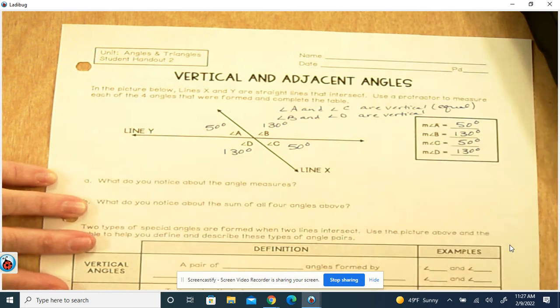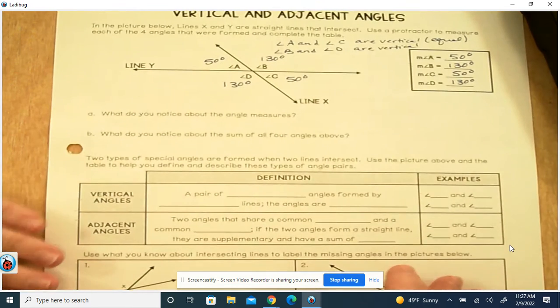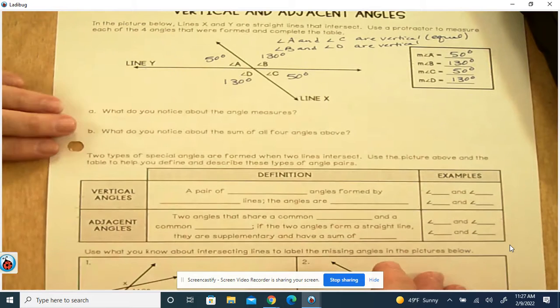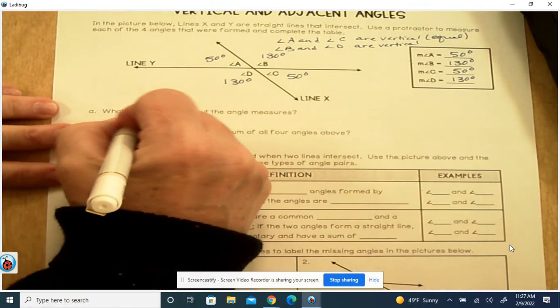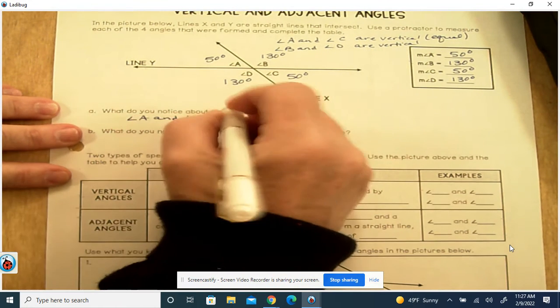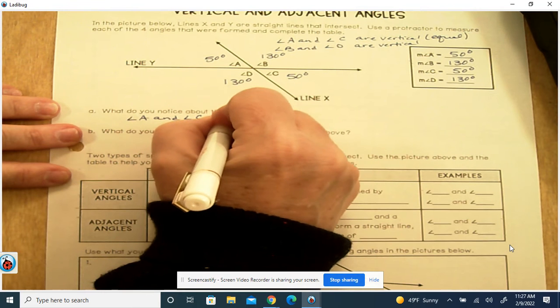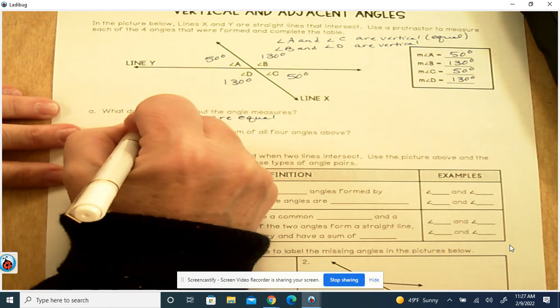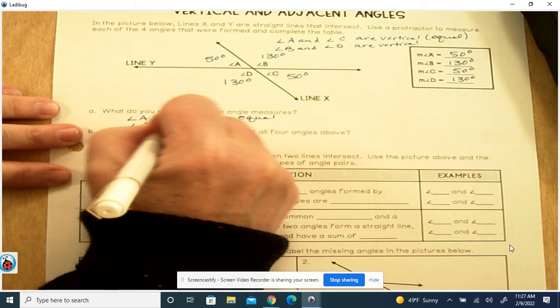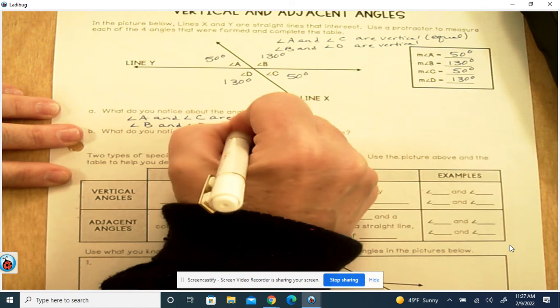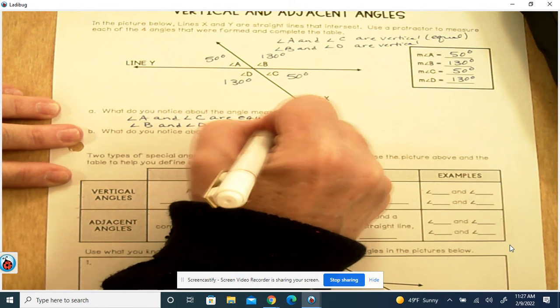All right. What do you notice about the angle measures? That angle A and angle C are equal or the same, and angle B and angle D are the same or equal.